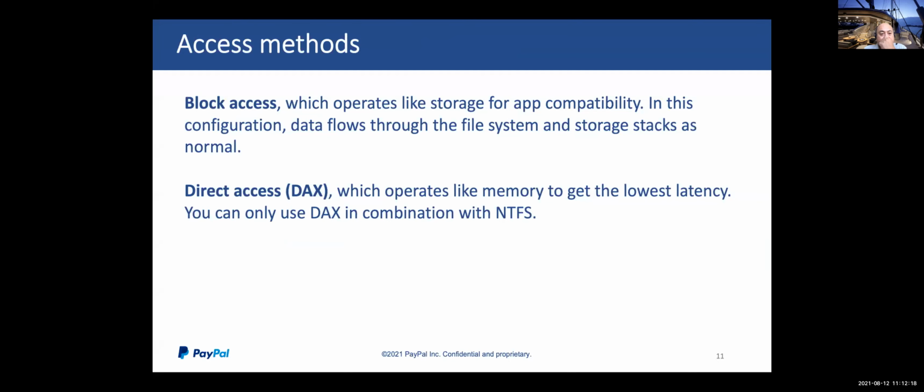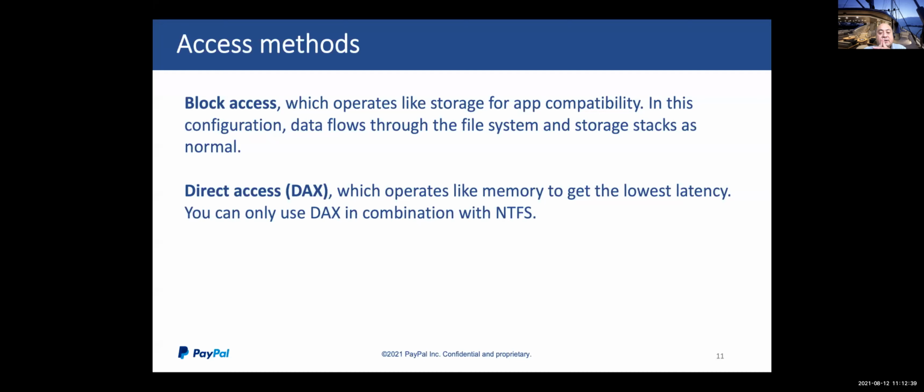And the persistent memory has two kinds of access methods. The first one is block access, which operates like storage, just like the SSD. In this configuration, the data flows through the file systems and storage stack as normal, just like SSD. The other one is the one that we use.